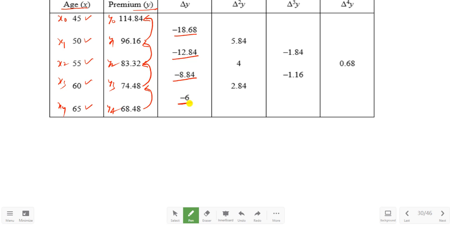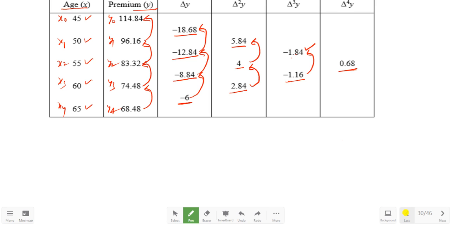Now the second order forward difference on y: 5.84, 4, and 2.84. Now the third order forward difference: 4 minus 5.84 is minus 1.84, 2.84 minus 4 is minus 1.16, and the fourth order forward difference is minus 1.16 plus 1.84, so this is 0.68.